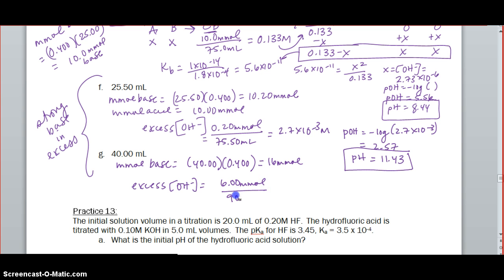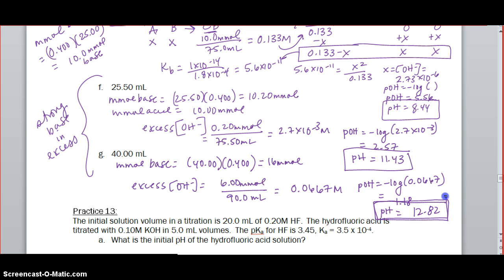Total volume is 90 milliliters. So the concentration of OH minus is 0.0667 molar. pOH is the negative log, we get 1.18, so that means a pH of 12.82.